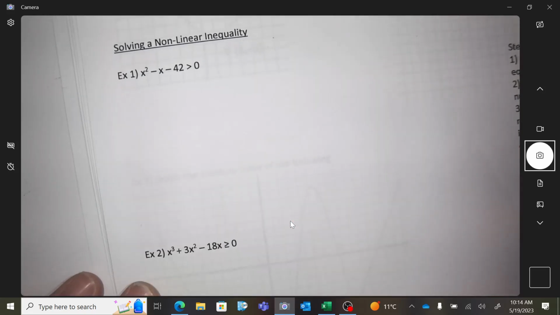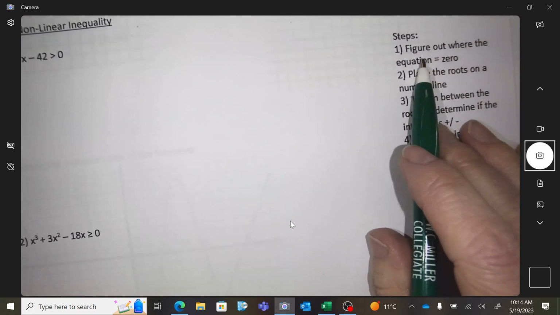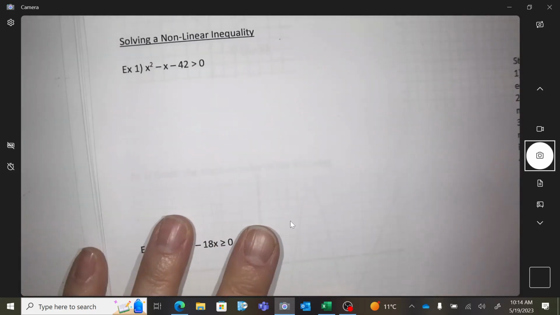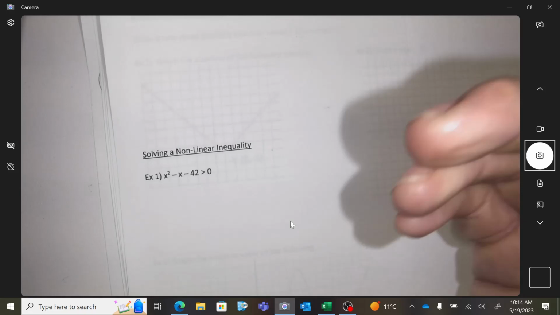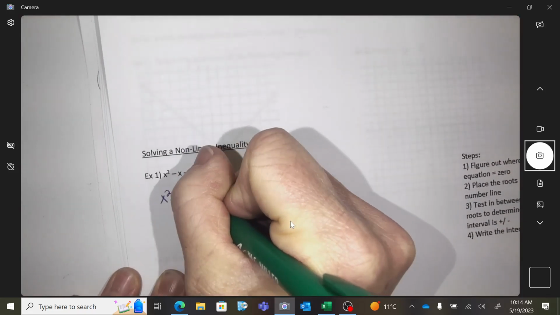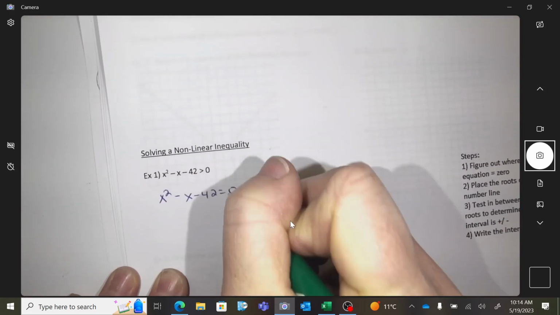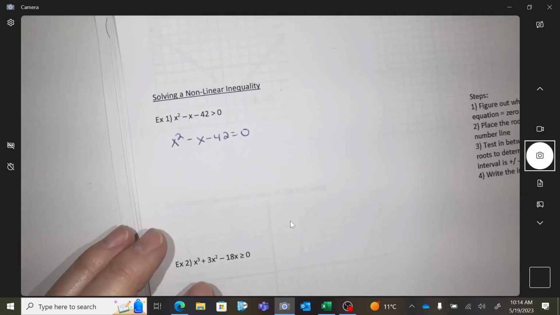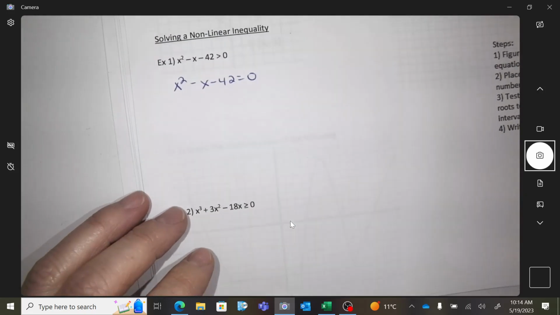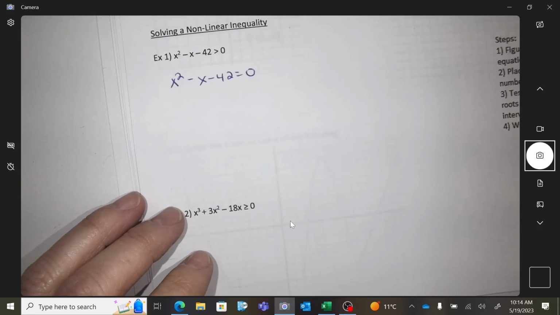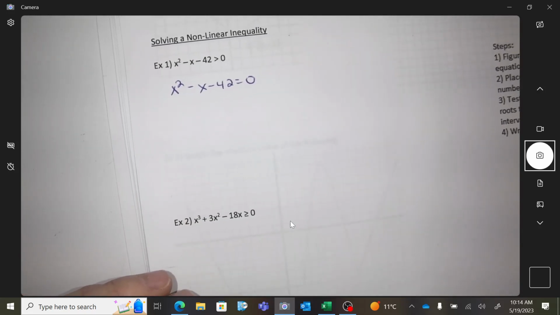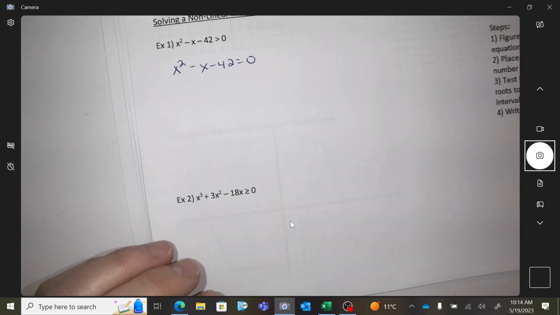Okay, step 1. Figure out where this equation actually equals 0. Where does it equal 0? What would I do to figure that out? What kind of math have we been practicing to figure this out?